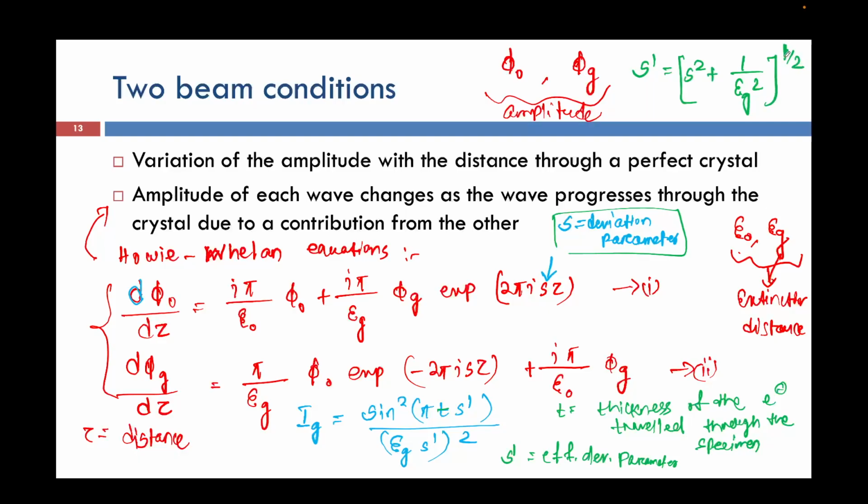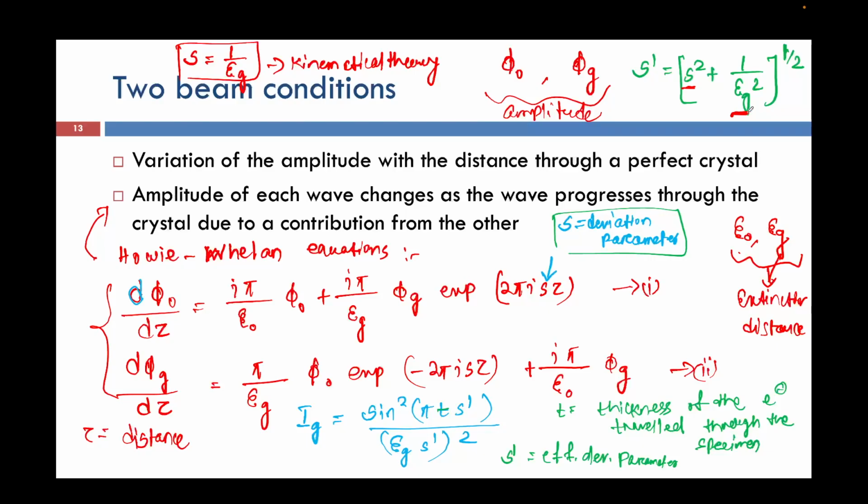This is the dynamical diffraction contrast that we are talking about. When we talk about the kinematical diffraction contrast, this deviation parameter will be as in kinematical theory. Now coming from kinematical theory to the dynamical theory, there is the addition of S and the extinction parameters.